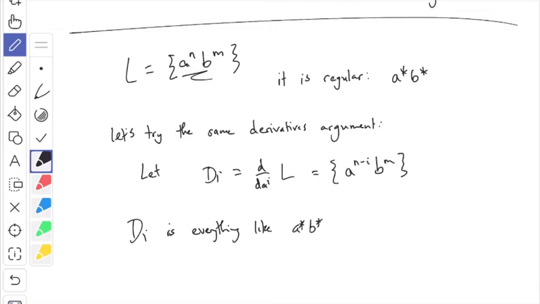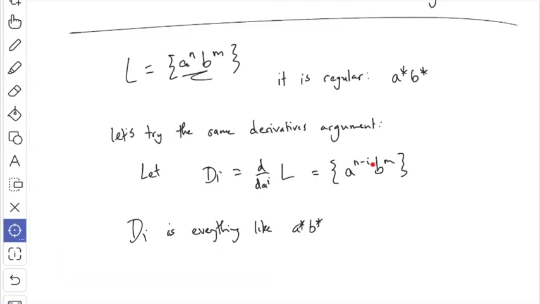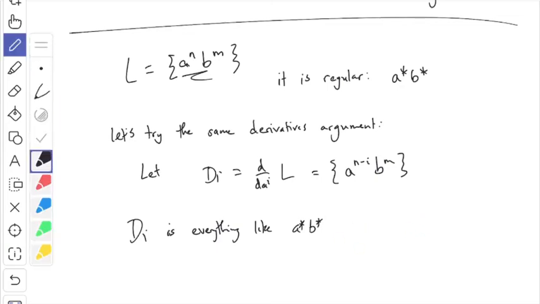But in this case, the number of a's doesn't have anything to do with the number of b's, right? The number of b's is m, and the number of a's is n minus i, but that could still be anything with regard to m. So d_i is everything like a star b star. Actually, there's nothing more to say here. There is no further restriction on the number of a's being less than the number of b's. No, it still could be anything.